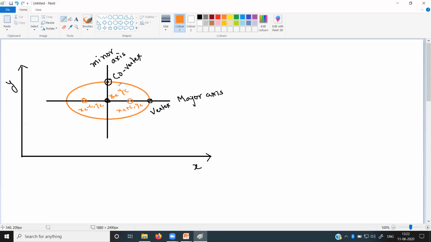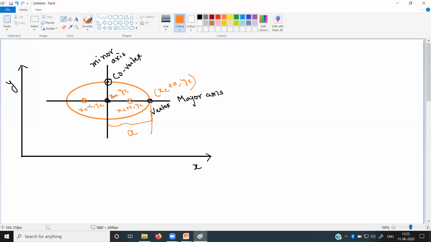And some important points I again want to discuss, that is what will be the coordinate for the vertex. If it is the major axis and this entire length, from this up to this, if I designate this length as a, then this particular point is nothing but xc plus a comma yc.